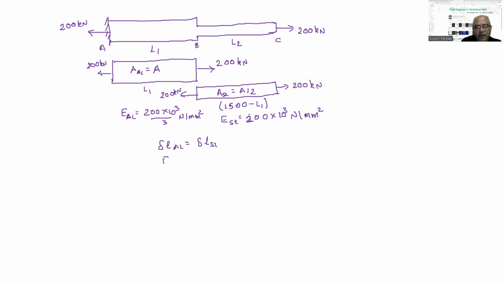Now we have the formula for delta L, PL upon AE, for aluminum equal to PL upon AE for steel.